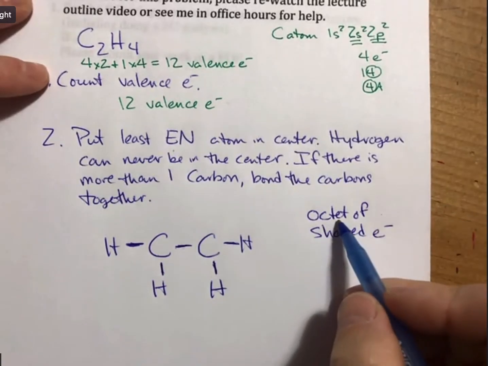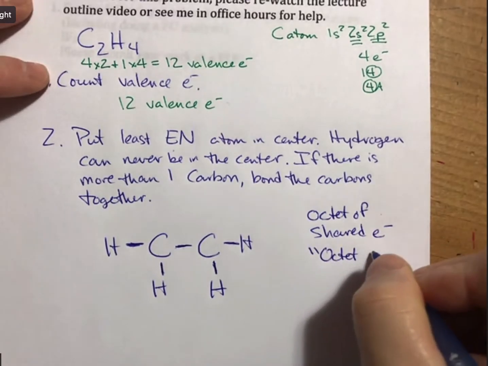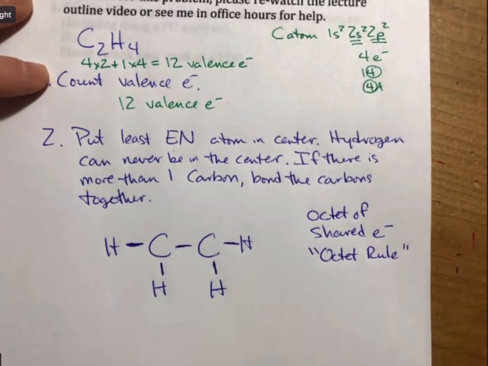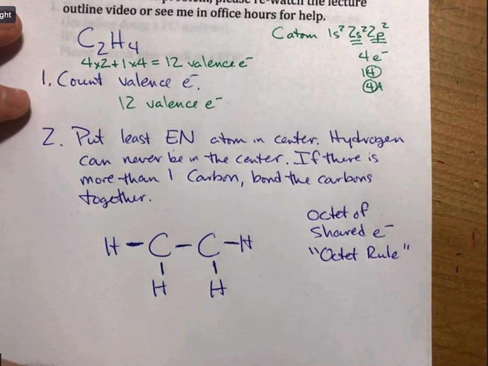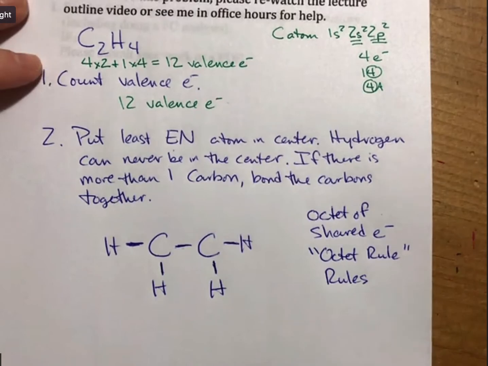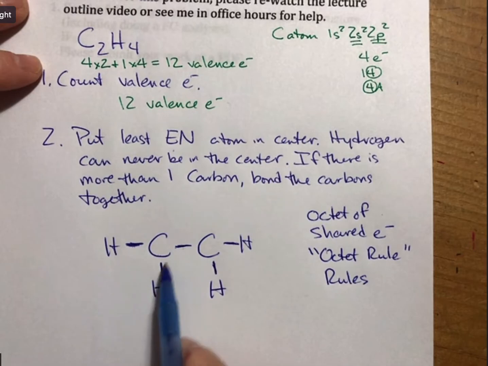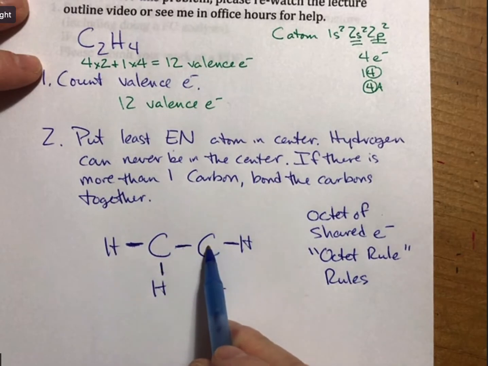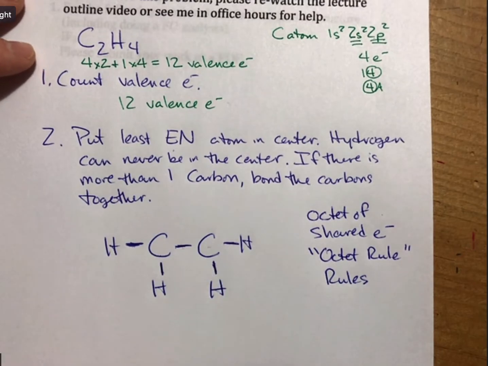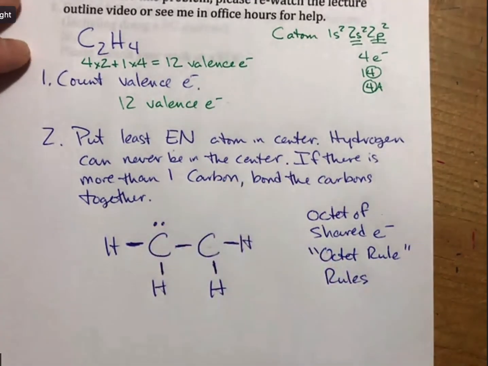That's what's called the Octet Rule. And what we will see is that the Octet Rule rules all Lewis structures. So when I look at this carbon and I only see 2, 4, 6 shared electrons, and I look at this carbon and I see 2, 4, 6 shared electrons, I could place the last pair of electrons on either carbon. I'll place them right there.